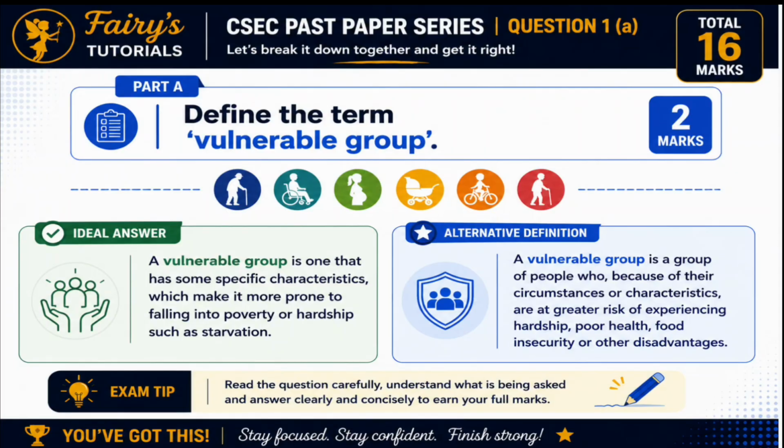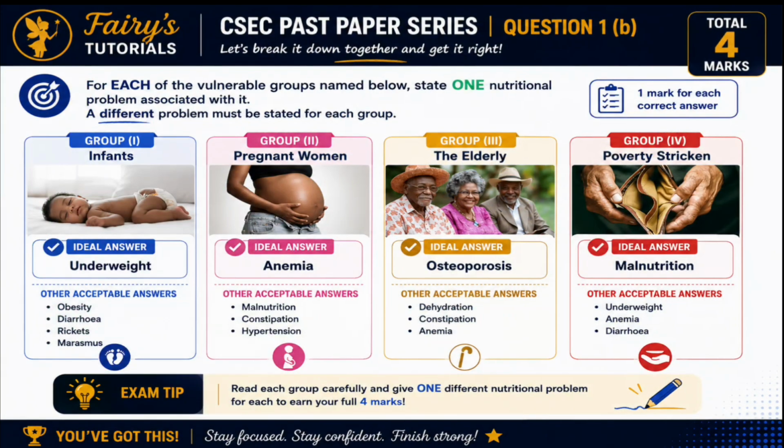All right, now we're moving along to the other part of the question. For each of the vulnerable groups named below, state 1 nutritional problem associated with it. Now, a different problem must be stated for each group. Have to bear that in mind, right?